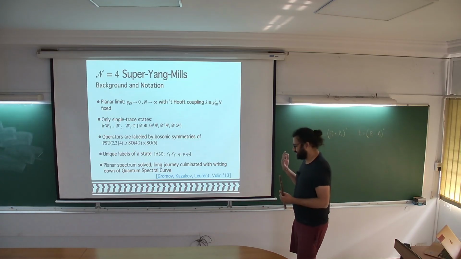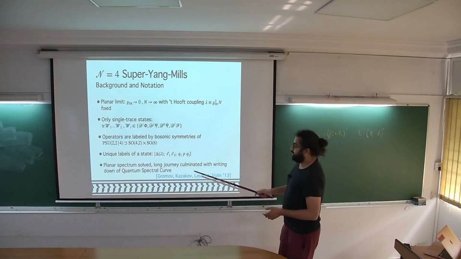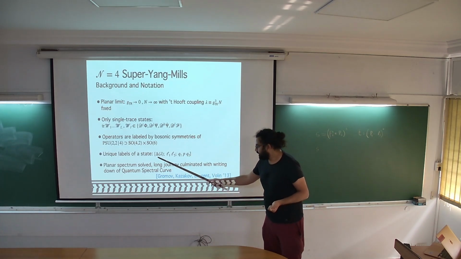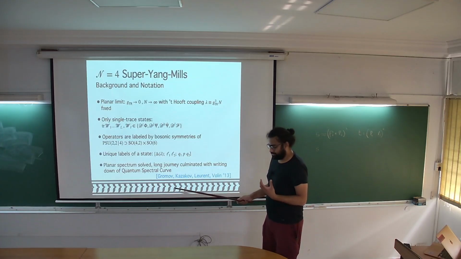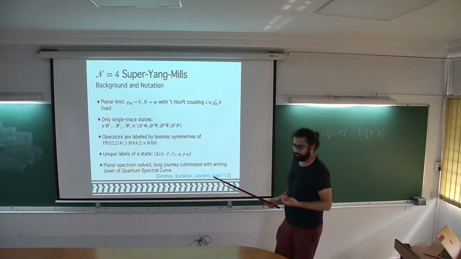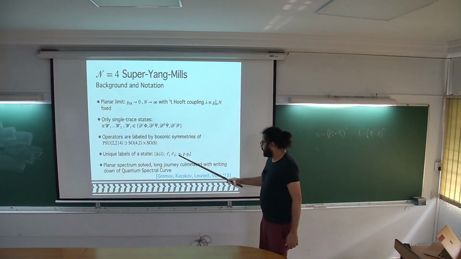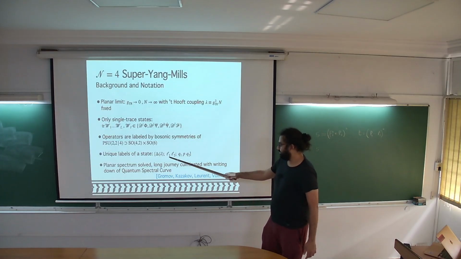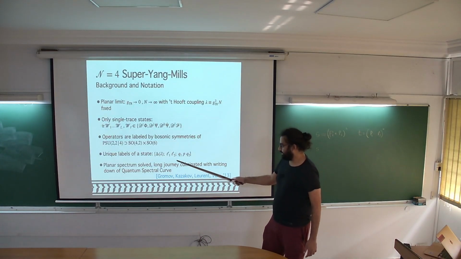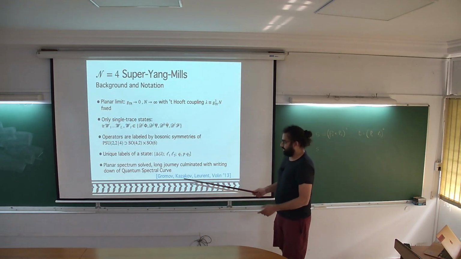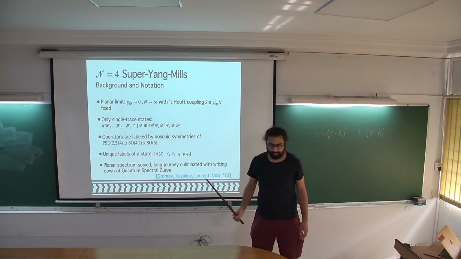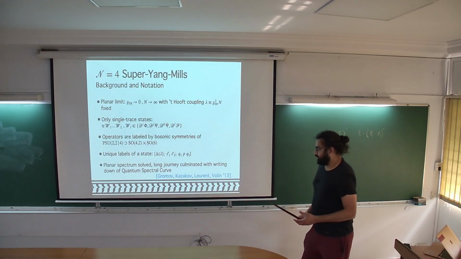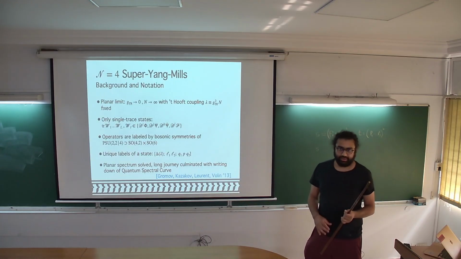This is the bosonic symmetry of this theory, and therefore, to uniquely identify a state, you need 6 labels. You have q1, p, q2, which are the Dynkin labels of your SO(6), and then you have delta, L1 and L2, which characterize the SO(4,2). L1, L2 are spins, delta is the dimension.